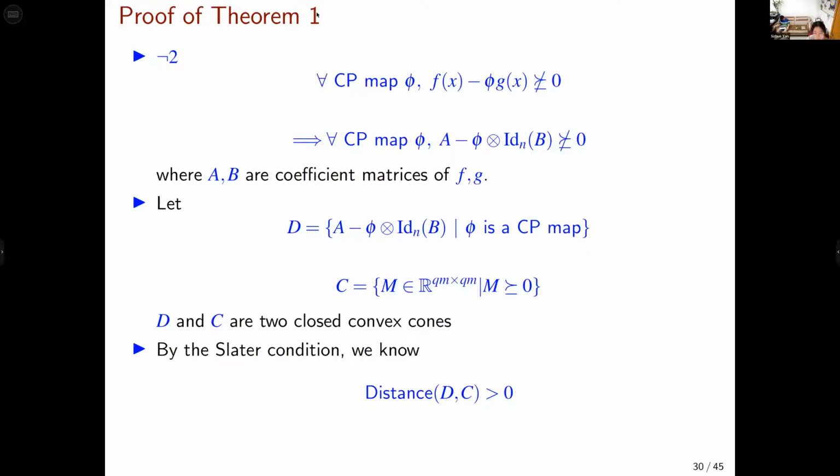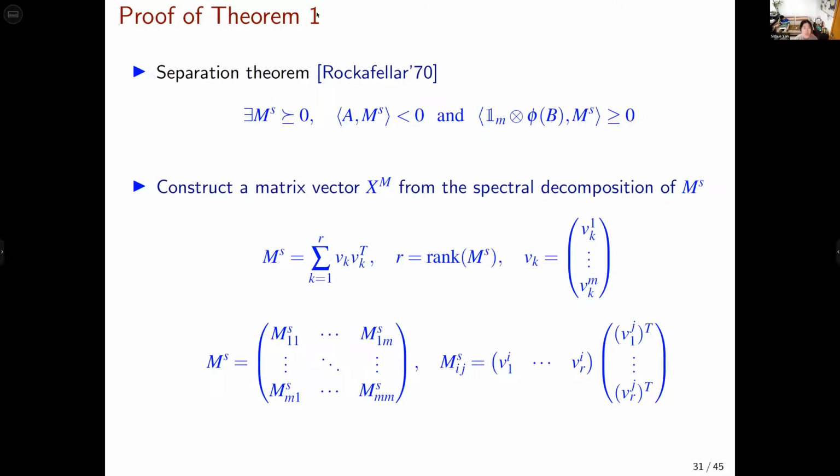Depending on this property, we can use the separation theorem, and then we know there exists a matrix M that separates these two cones D and C. Since C is a positive semi-definite cone, without loss of generality we can assume M is positive semi-definite, and then we can conclude two inequalities about the inner product of M and the coefficient matrix.